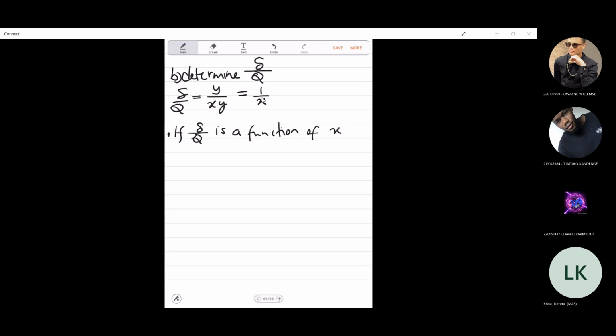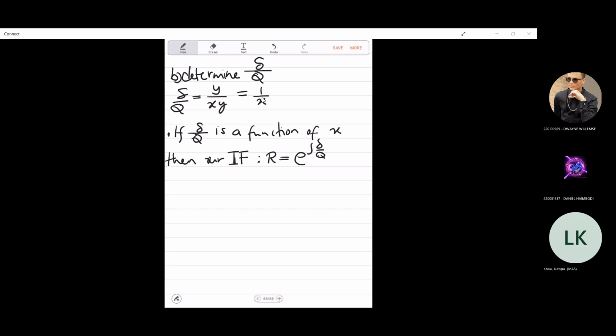Then our integrating factor, denoted R, is equal to e to the power of the integral of delta over Q dx. So this is e, and the exponent of e is the integral of the function that you have over here.